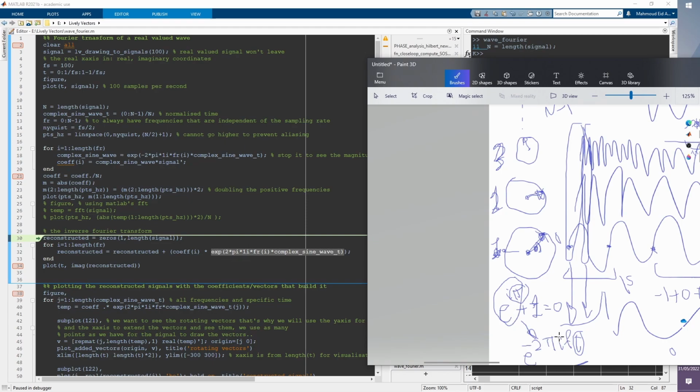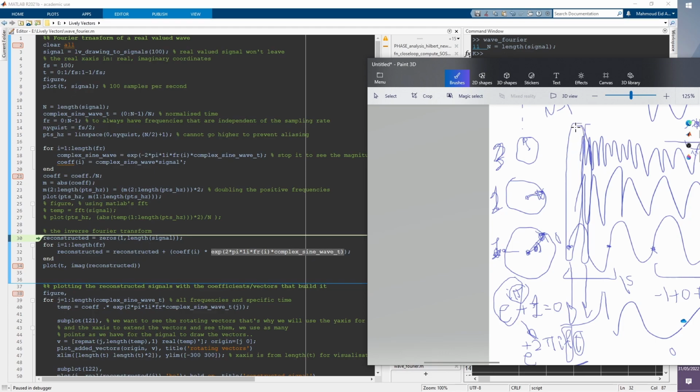As we said, that's how we rotate our vector, but this time the exponent will be positive because we're not doing any estimation anymore, we're just rotating this vector. So it will be e to the power 2 pi i f t, where t is the normalized time and f is the frequency that we are looping on. And then we are summing them.